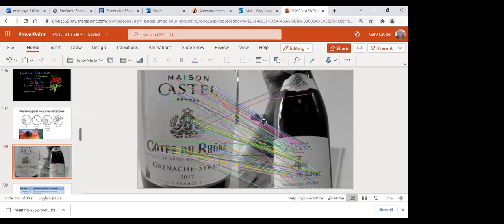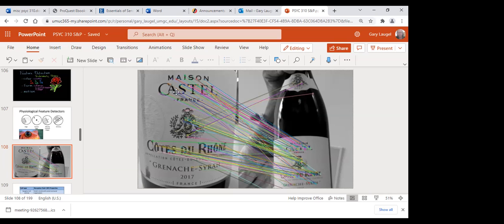Now, if we look at something like, well, here's a bottle of wine, right? Now notice that you got the Maison Castel, right? So Maison Castel. So in other words, you got lots going on, a very busy label on the bottle. And notice that this is very, very exquisitely drawn, right? In other words, look at the letter A here. Well, that letter A is composed of many features.